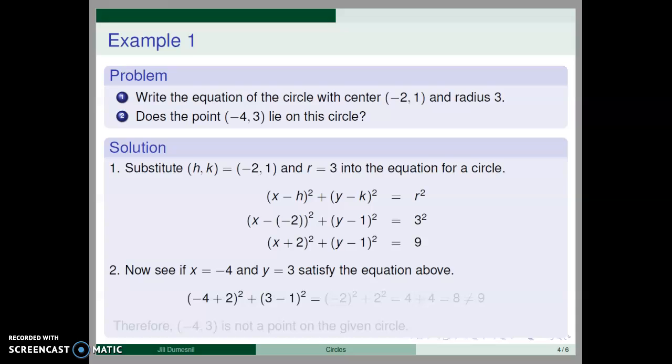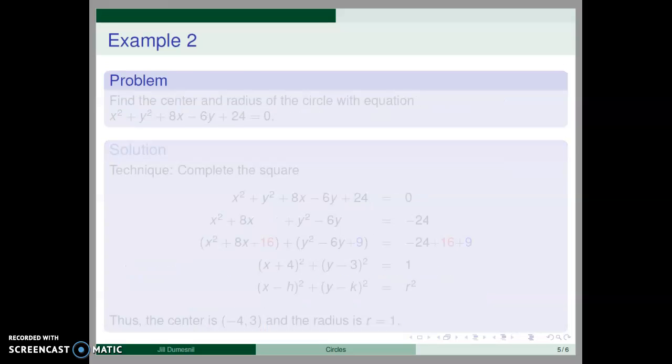So we plug in x equals -4 and y equals 3. Simplifying, we get (-2) squared plus 2 squared, which equals 4 plus 4, which equals 8, but not 9. Therefore, we conclude that the point (-4, 3) is not on the given circle.